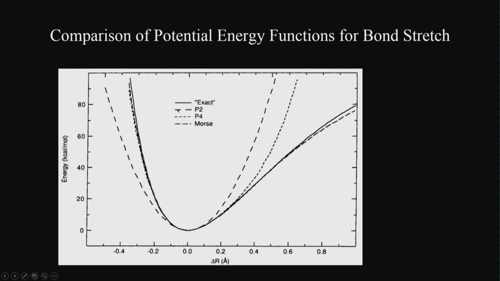So, if you look at it, this is the quadratic, this is the quartic, and this is the Morse, and this is the actual exact. So, as you can see, many times Morse fits much better than a quadratic or a quartic.